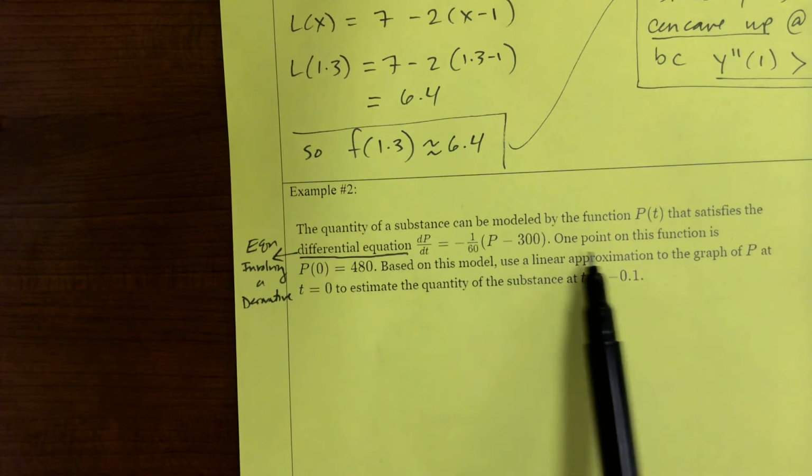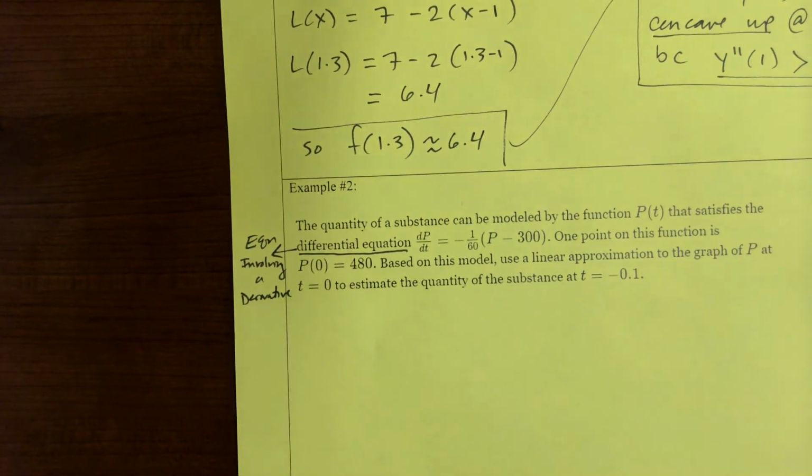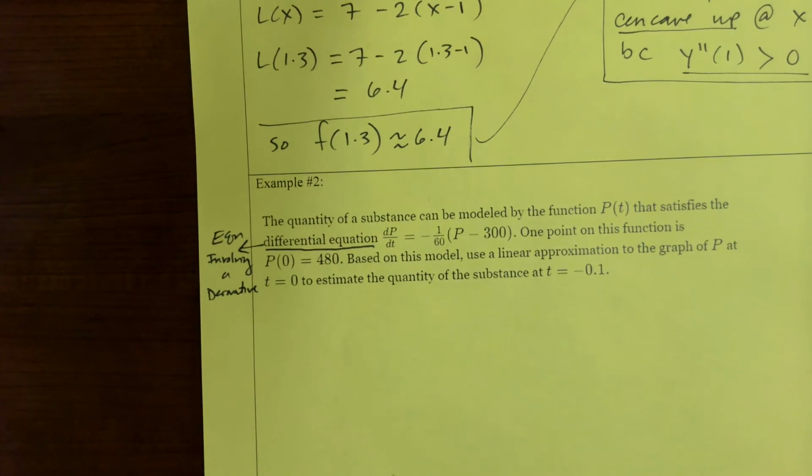One point on this function is P of 0 equals 480. Based on this model, use a linear approximation to the graph of P at t equals 0 to estimate the quantity of the substance at t equals negative 0.1.